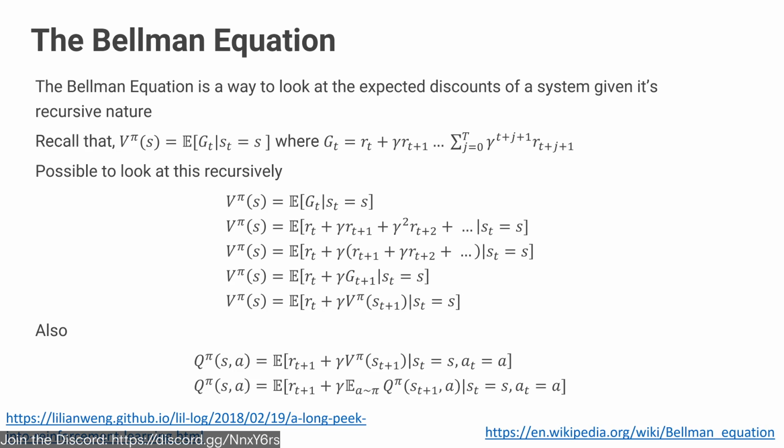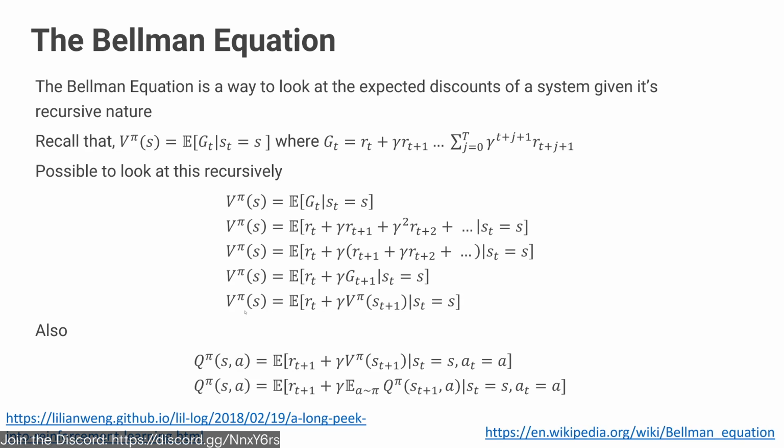If we take the value function and expand it out by plugging in the value of the return, we can see that the value function can be represented as the expected value of the immediate reward we get plus gamma times the return of the next time step, which is simply the value function of the next time step.